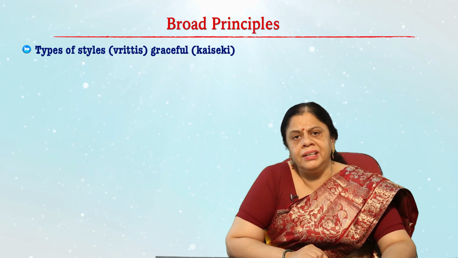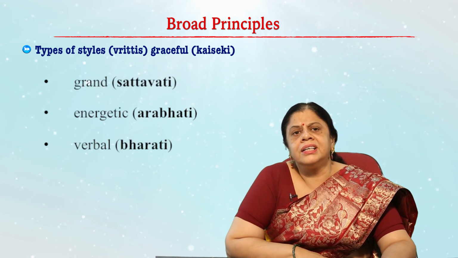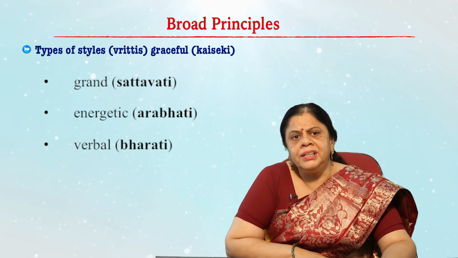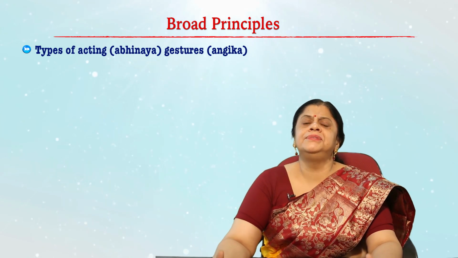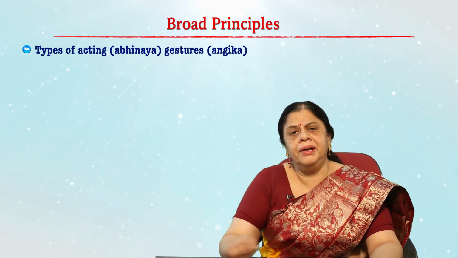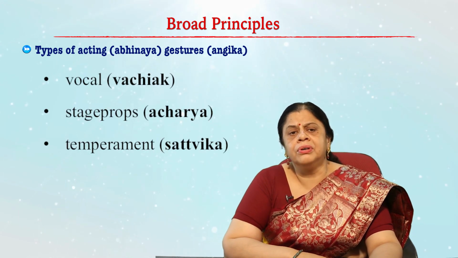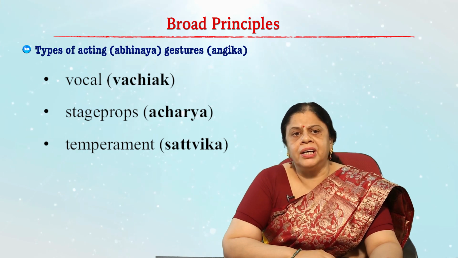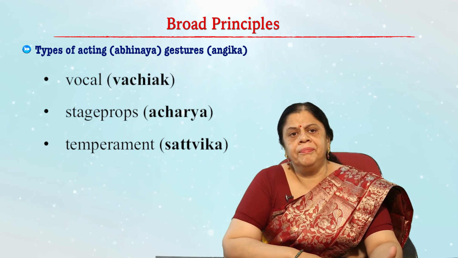For example, graceful is kaishiki, grand is satvati, energetic is arabhati and verbal is bharati. Again, there are different types of acting which is known as abhinaya, such as gestures, angika, vocal, vachika, stage prop, aharya, various positive temperaments, sattvika.